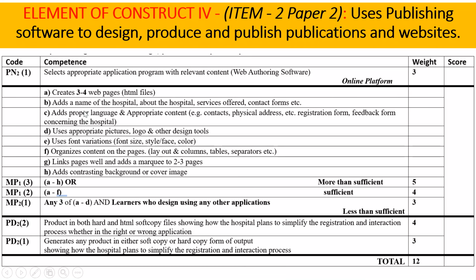You must add the relevant titles and the pages, all this. Now, I want us to look at this item too when it comes to designing an online platform. Then we shall come back to this very score sheet.